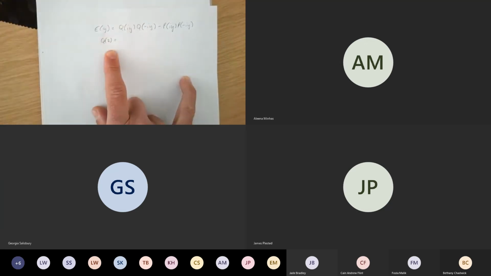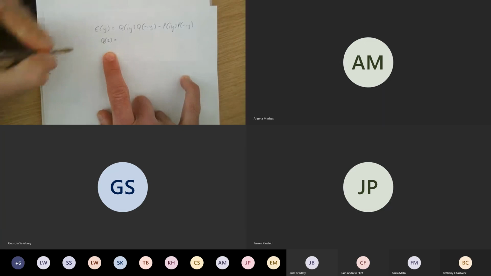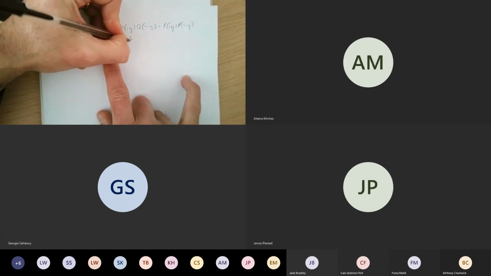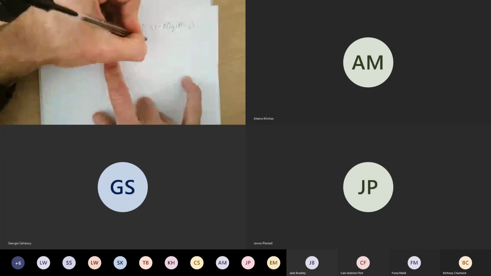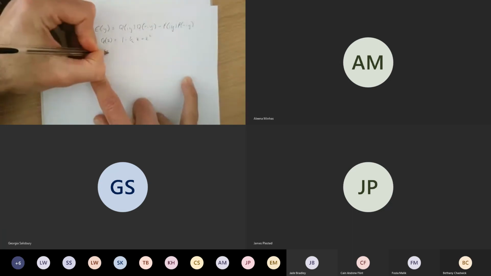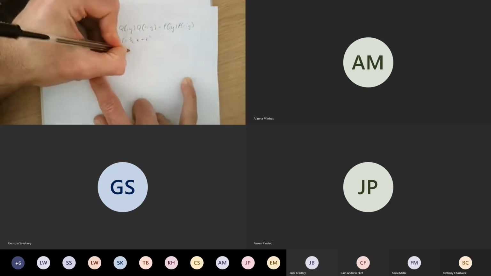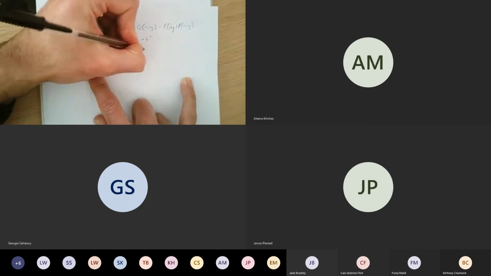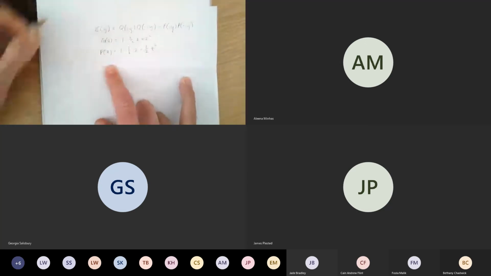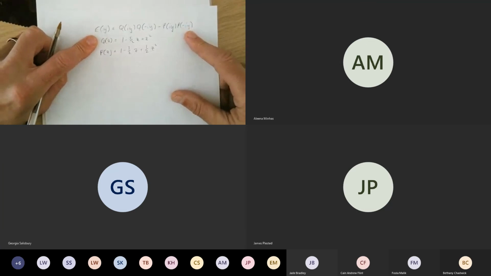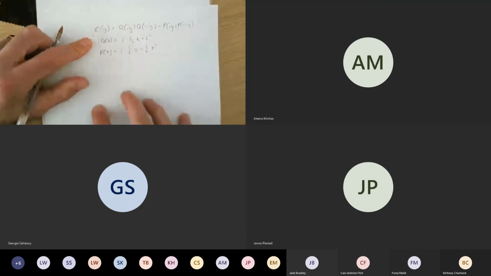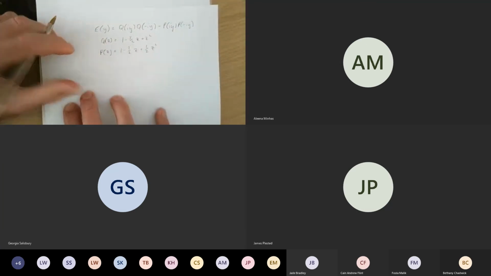It's over the other side of the page, but it's 1 minus 5 over 2 z plus z squared. And P(z) is 1 minus 3 over 2 z plus 1/2 z squared. So I've got to build this function E(y). It's quite involved. It's got four main parts to it. So that's what we're going to be looking at now.